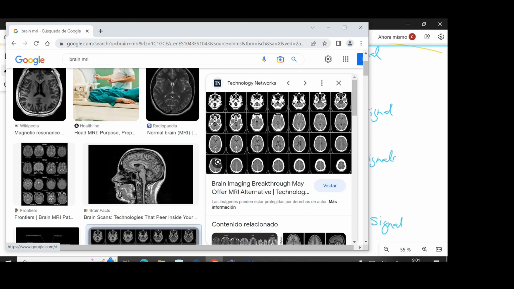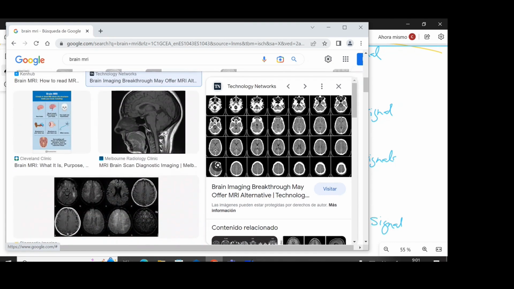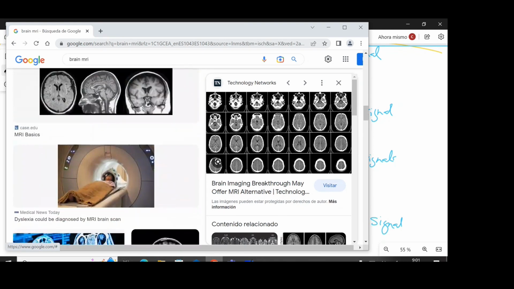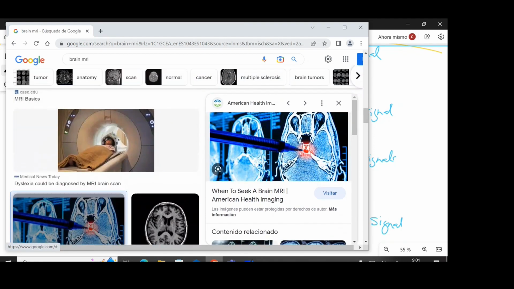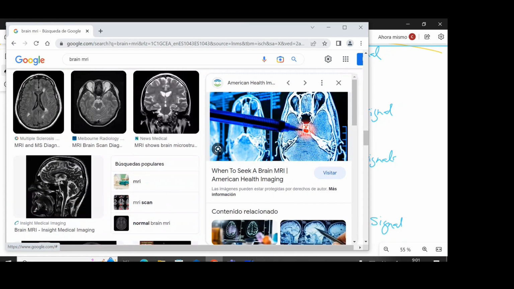Slice is Z. So we are going through Z, so we are going in this direction, and then for each one of the Z's we are representing X and Y. And this is a possible representation. Another representation, I'm sure we have some kind of isosurface somewhere. If not, I write isosurface.